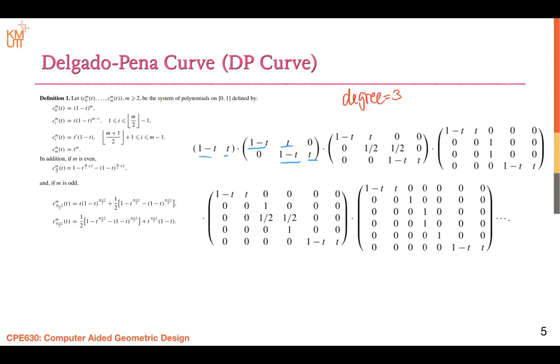It is 1 minus t, and the 2 middle coefficients will be half, 1 over 2, and then 1 minus t and t.